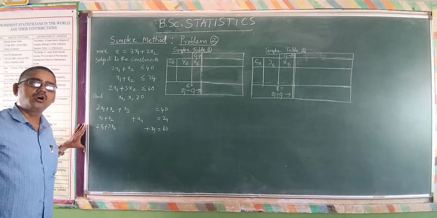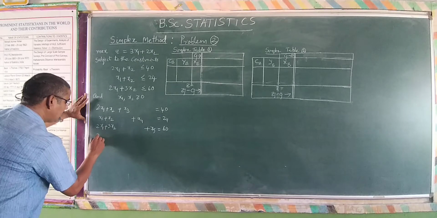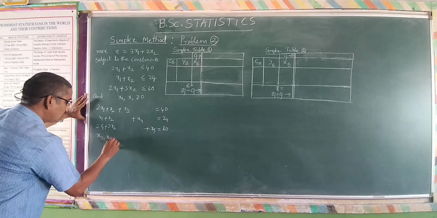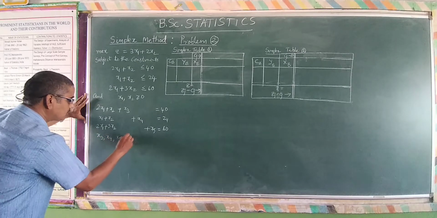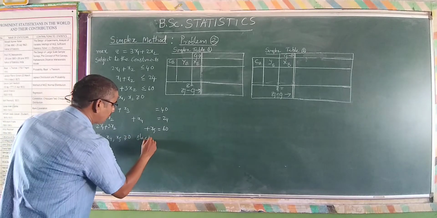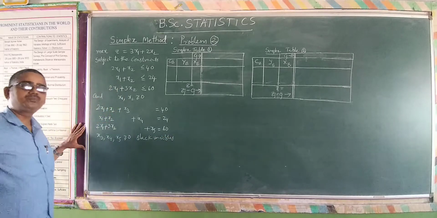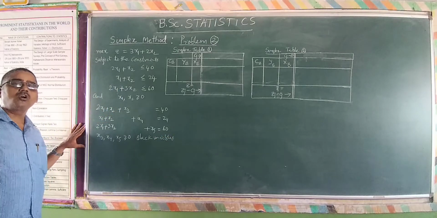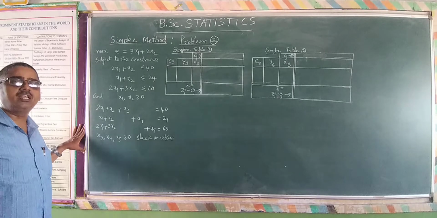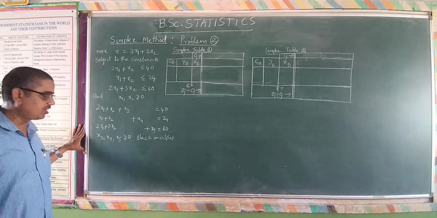Now x3, x4 and x5, which are greater than or equal to 0, are slack variables. Then we have to put the cost of these slack variables as 0 in the objective function.